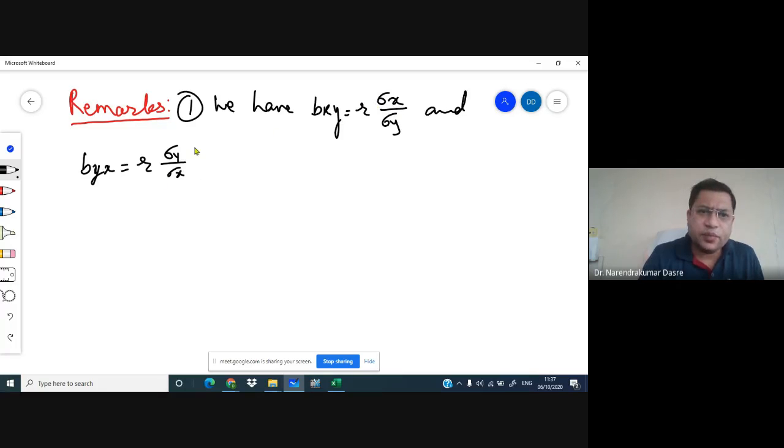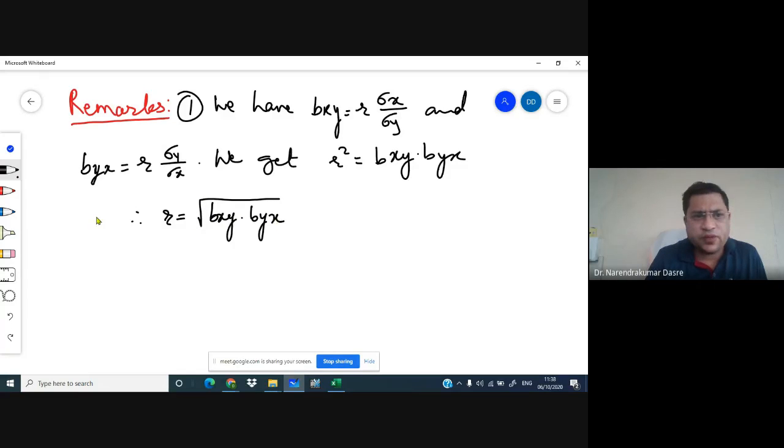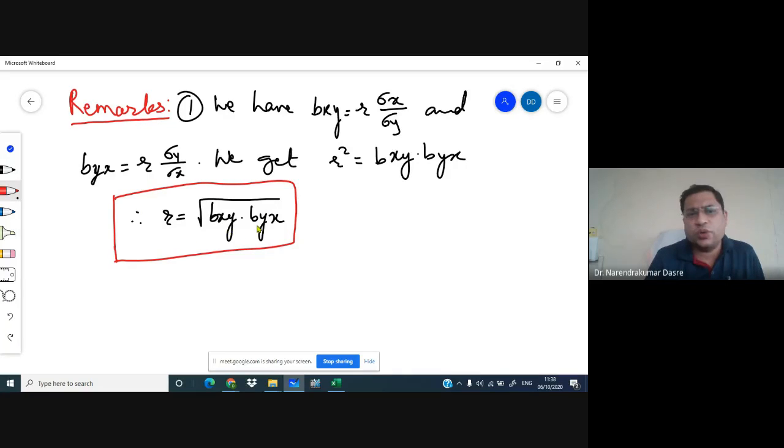Now if we multiply bxy and byx, we get r square is equal to bxy into byx, and hence I am able to write r is equal to square root of bxy into byx. So this is one relation we are able to get.